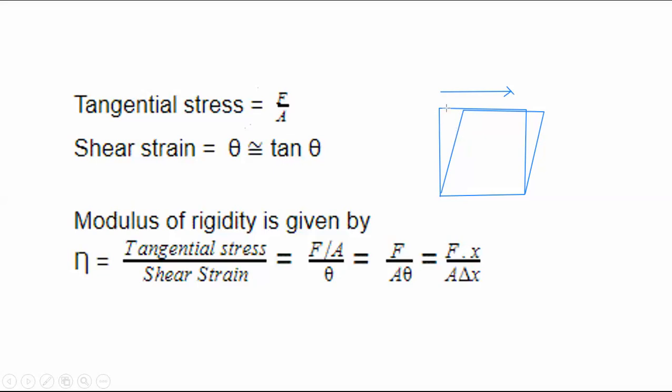We will divide this opposite side by adjacent side, because this is a right angle triangle and this is a hypotenuse. Then let us say this is a delta x, and let us say this is L. Then delta x divided by L will be the theta. Okay.